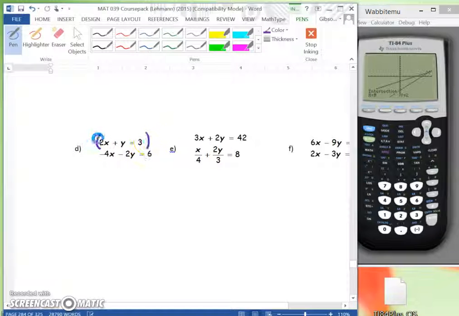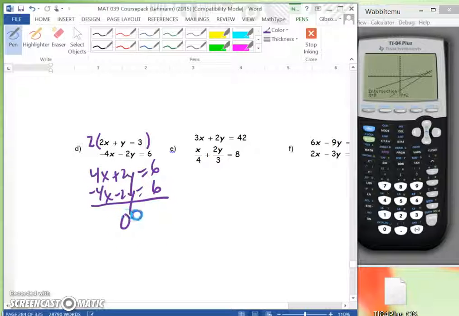So we would need to multiply this top equation by 2. So we have 4x plus 2y equals 6, and negative 4x minus 2y equals 6. So this will end up being 0 equals 12. We know that does not equal, so it's no solution.